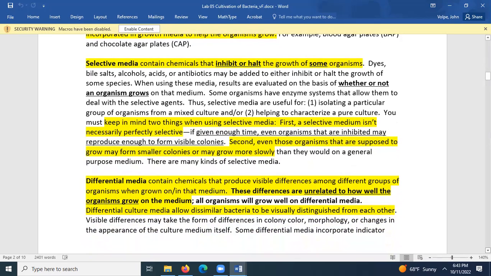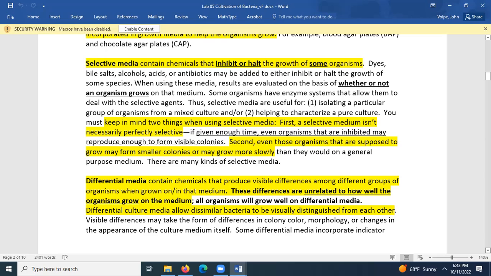And second, even the organisms that are supposed to grow on selective media may form smaller colonies on the selective media than they would on a general purpose media. But the media does select for certain species to grow. Any questions about any of that?